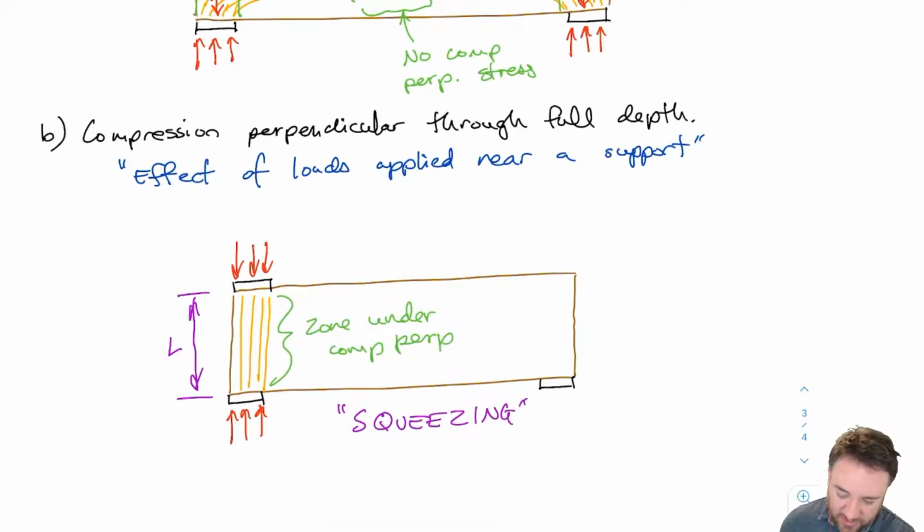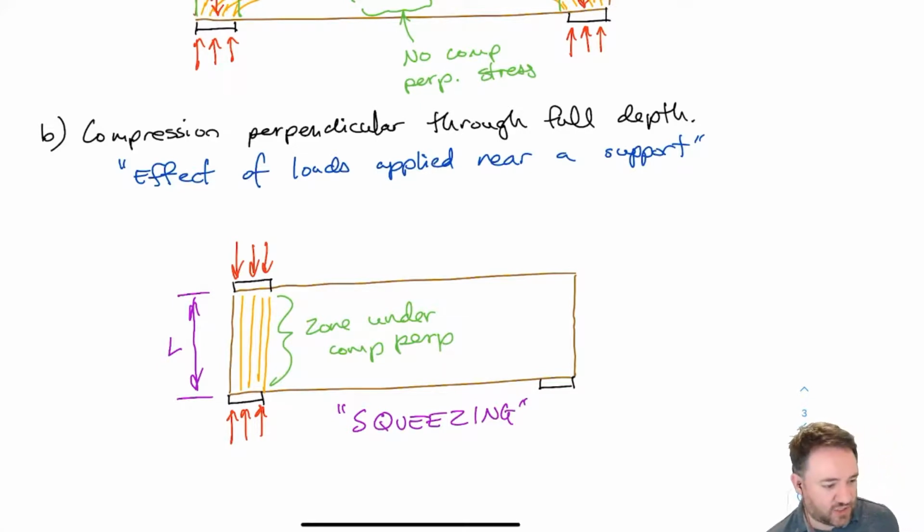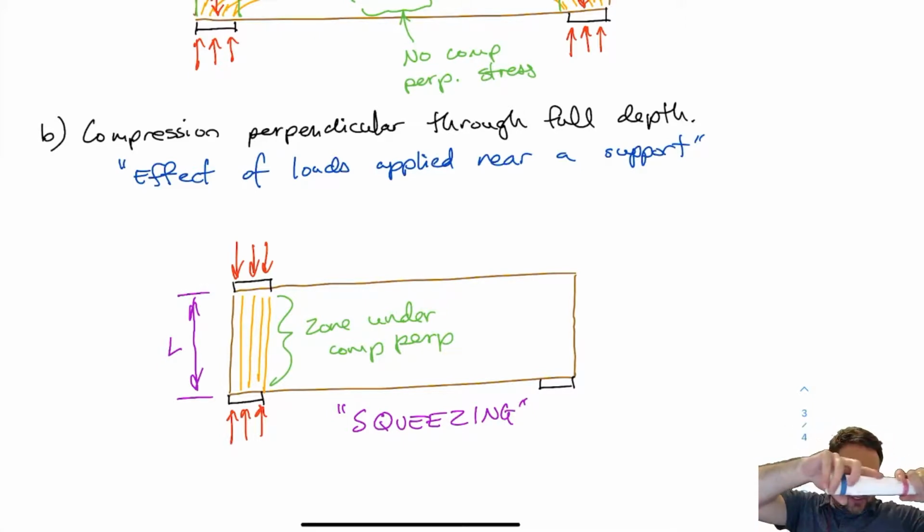Sometimes you might hear me refer to this as a squeezing bearing load, because we're not just pushing down in the middle here, we're squeezing it from one side to the other. So the entire through thickness of the wood is experiencing that compression perpendicular to grain stress, which means the entire length and depth of that wood is being strained.